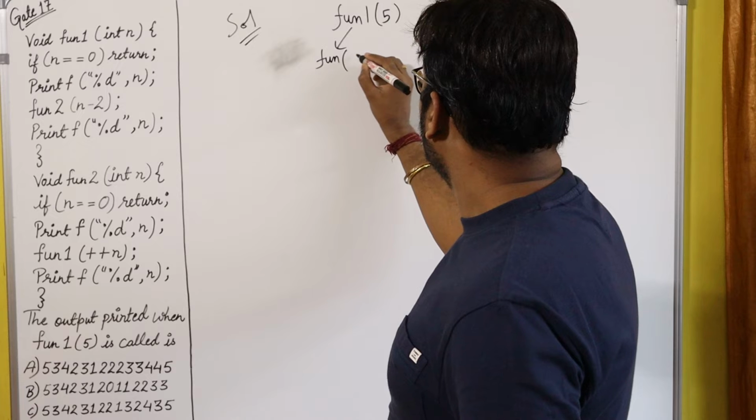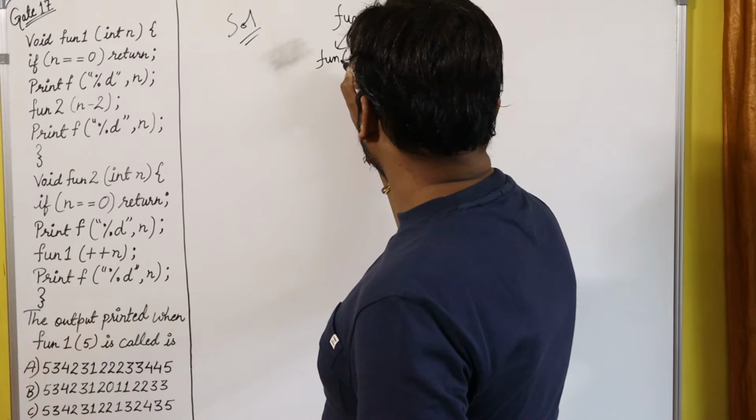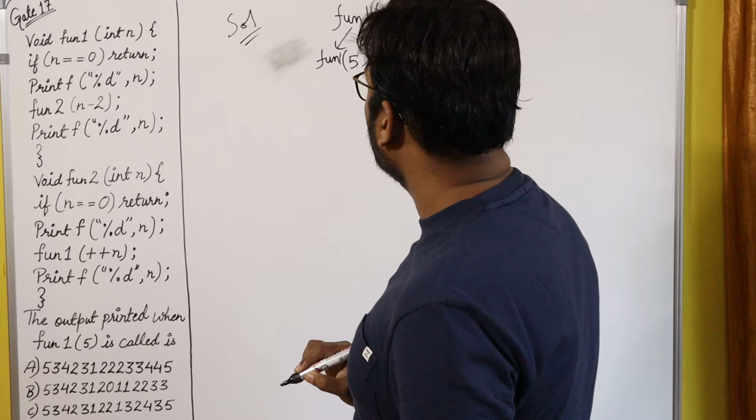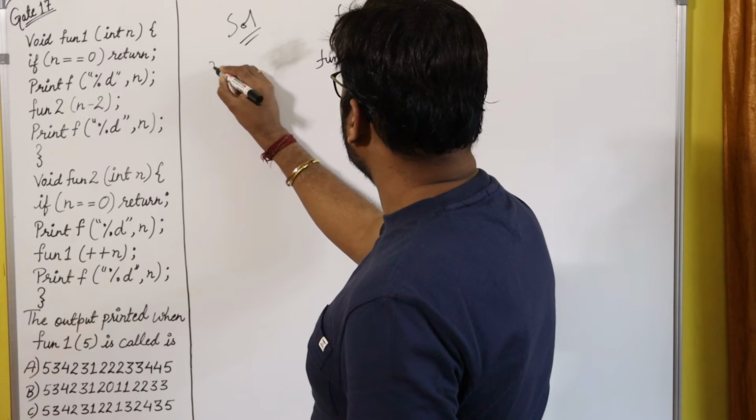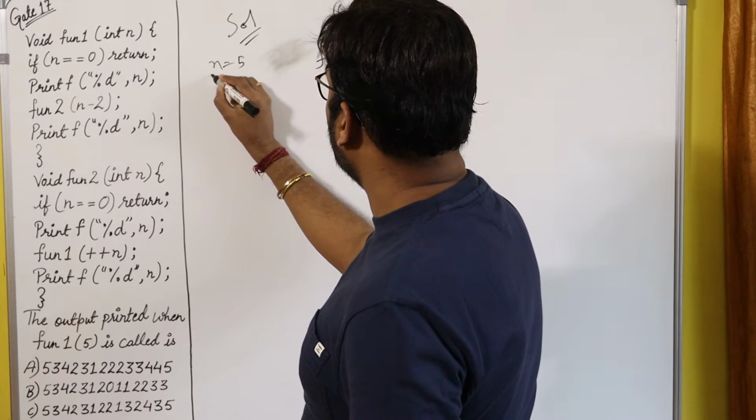So let me write that fun1 is getting called, with n equal to 5. It is a local variable whose address is 100.